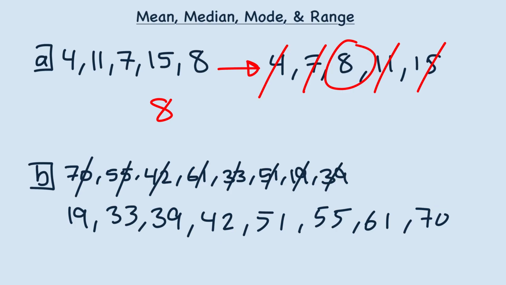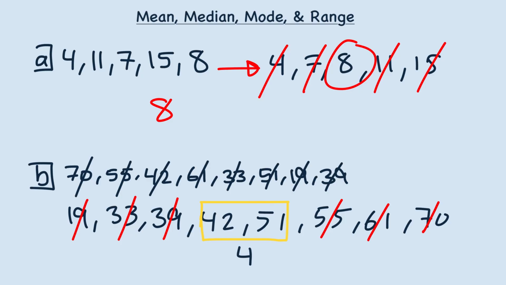So to find the median, as we said, the easiest way is to cross out one number from each end. So we will cancel 19 with 70, 33 with 61, 39 with 55, and that's it. Don't cancel these two numbers together, because if you cancel them, then in this case we will not have any median. So what we should do in this case is simply add these two numbers together and take the average of them.